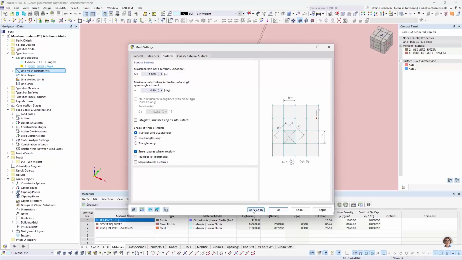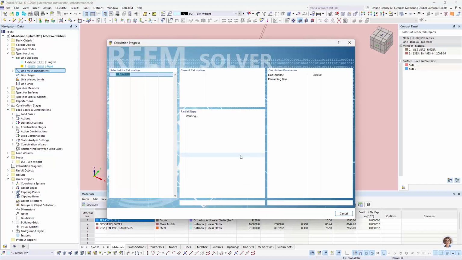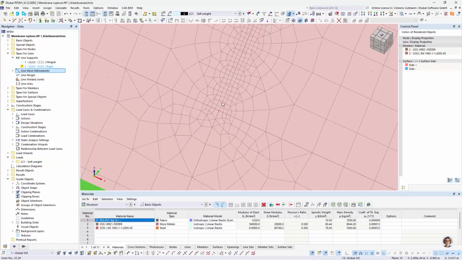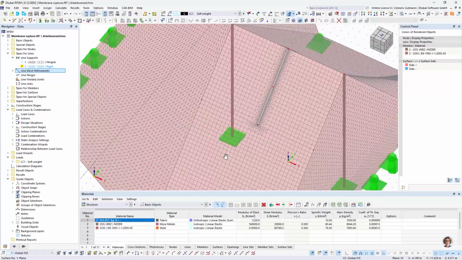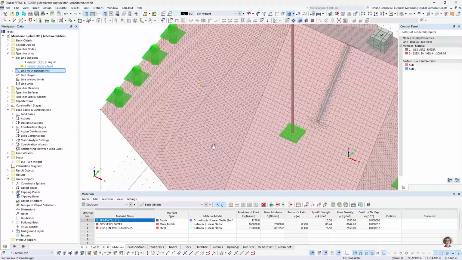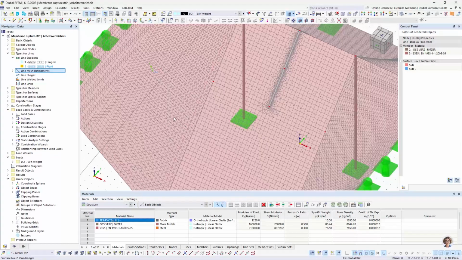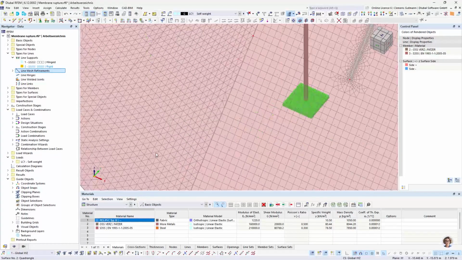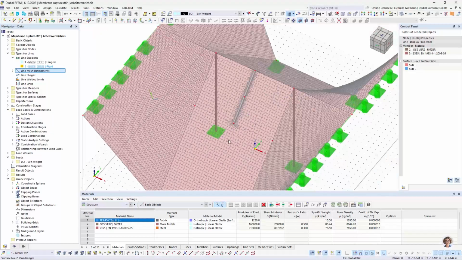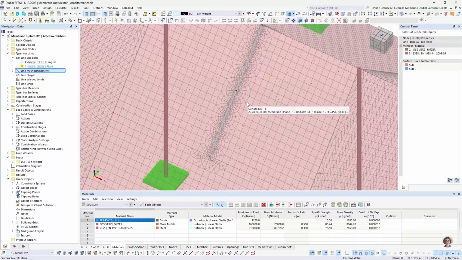And I'm going to deactivate this to help improve the mesh in this case. Okay, and we can see the quadrangle surfaces are automatically turned into triangles because it is a curved geometry from the start.